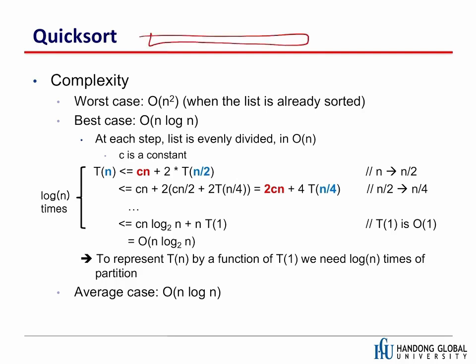Let's think about this list. When we pick one pivot, the first element, what happens after the first partitioning?